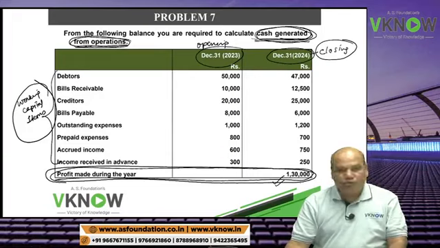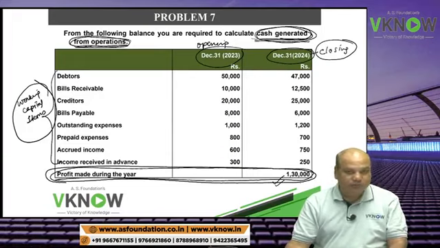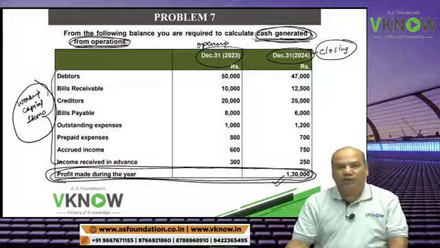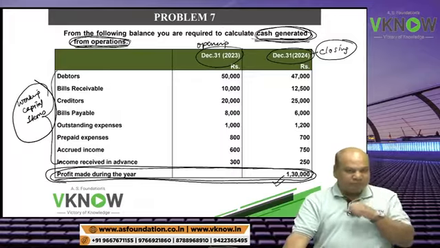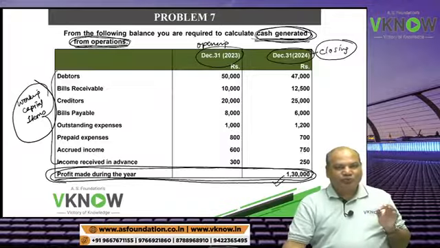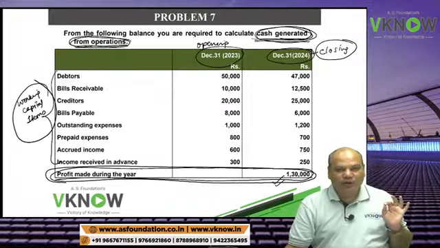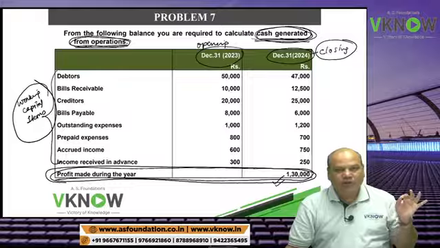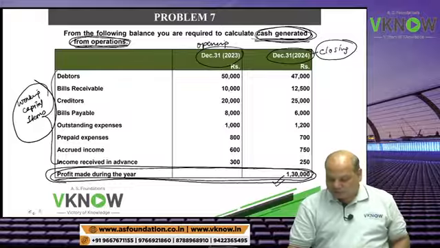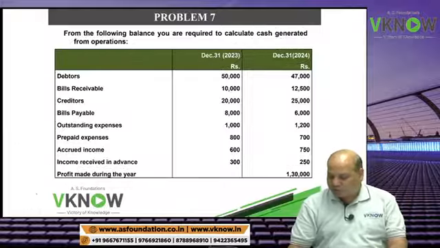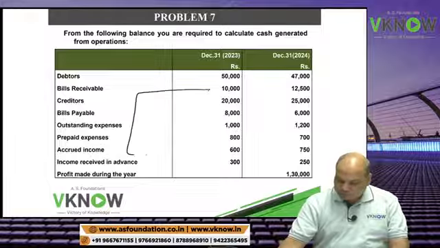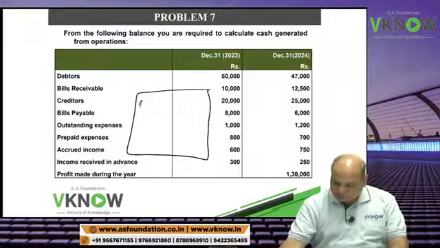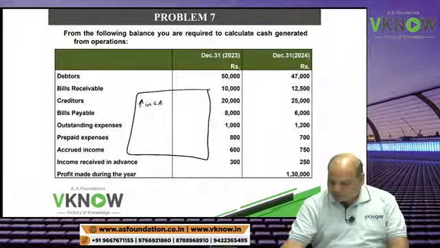And in this question, non-cash items are not given. Items relating to other heads are not given. So the only adjustment I have to make is the adjustment for working capital changes. Do you remember four things? Increase in current asset, decrease in cash flow.